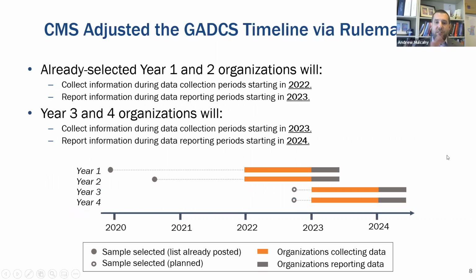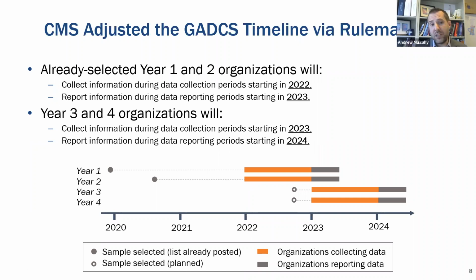So this gives you a sense for the timeline here. And again, there's another place where there have been some shifts. For the organizations that find themselves on those two posted lists, those were selected in late 2019 and in mid to late 2020. All of those organizations, that's roughly 5,000 organizations, will collect data at some point starting in 2022.